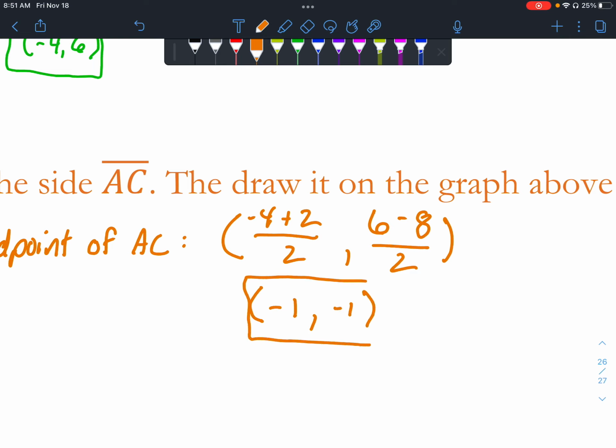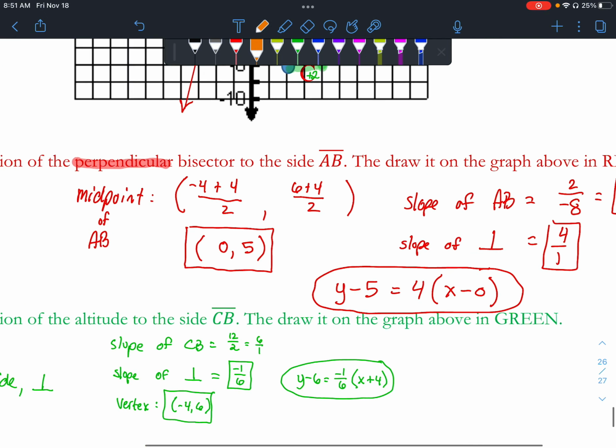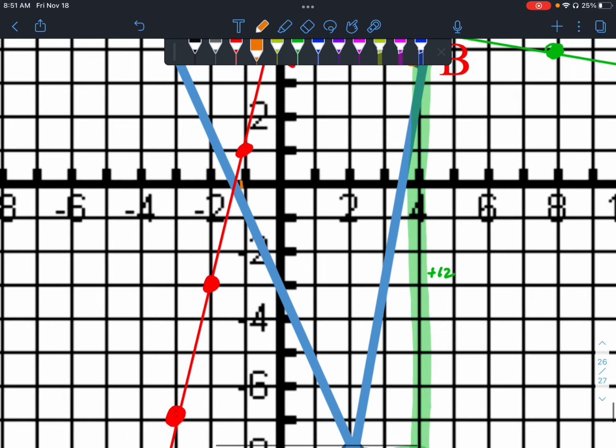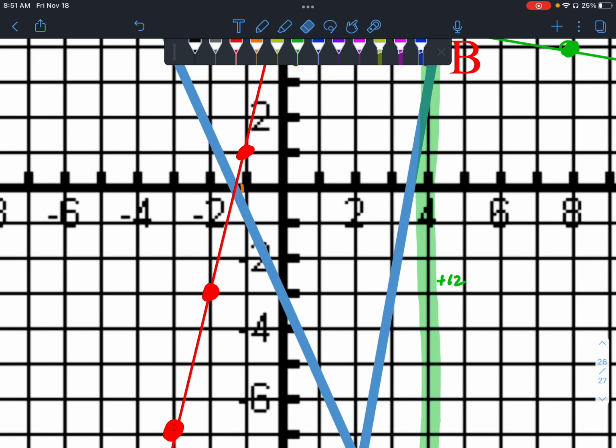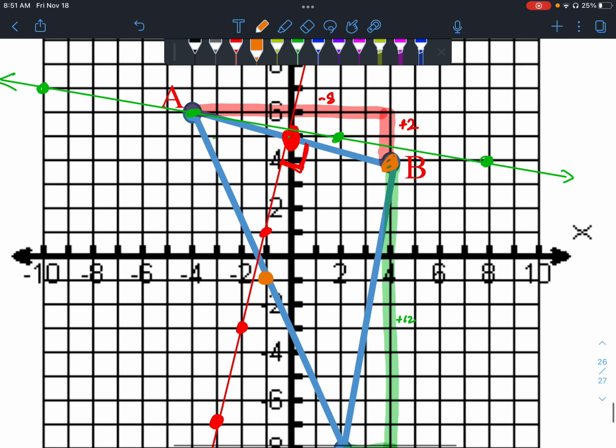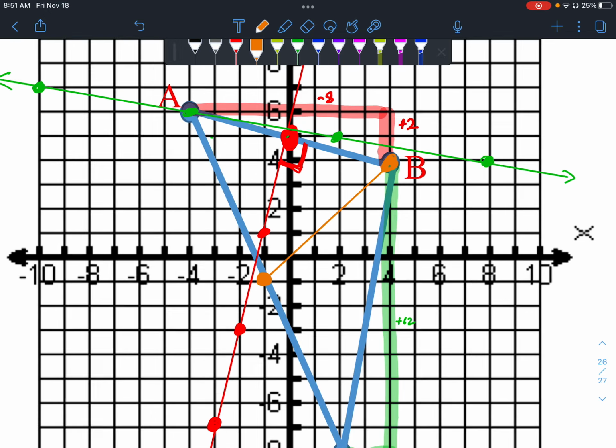What I like to do after this is put the midpoint on my graph. As you can tell, I didn't quite guess correctly up here, but -1, -1 is actually the midpoint right here. So I now have a midpoint and another coordinate point that's guaranteed to be on my line. I now have the point. I just need the slope between those two.